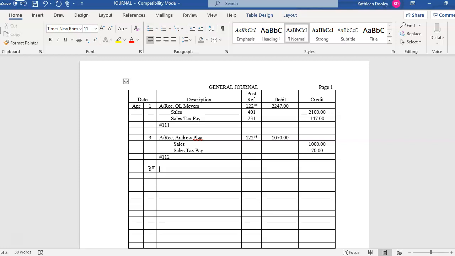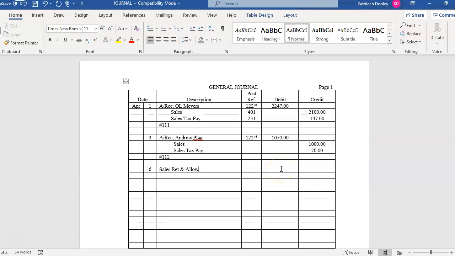Okay, we're going to debit sales returns and allowances, this is a contra revenue account. So a normal revenue, sales, would be credited. But here, this is a contra revenue account.